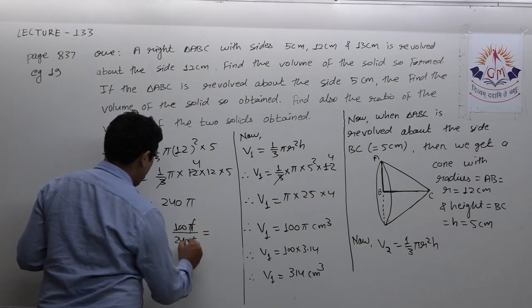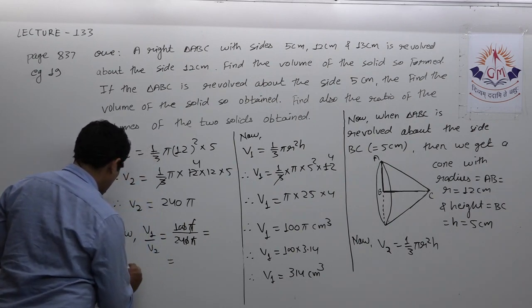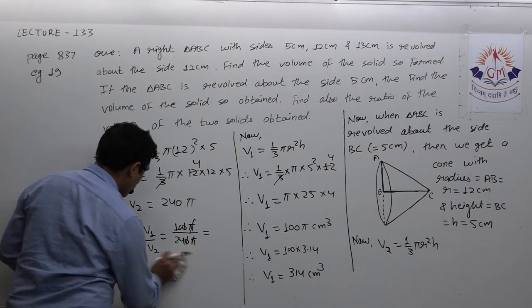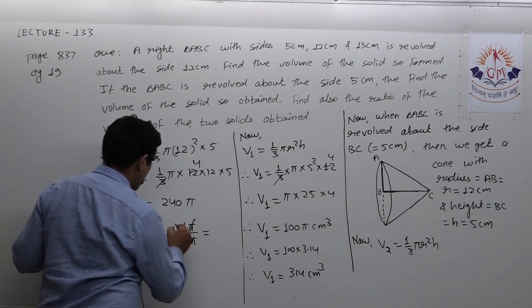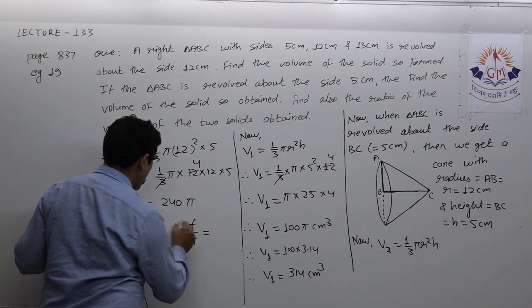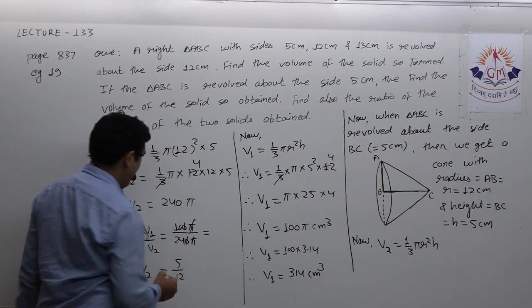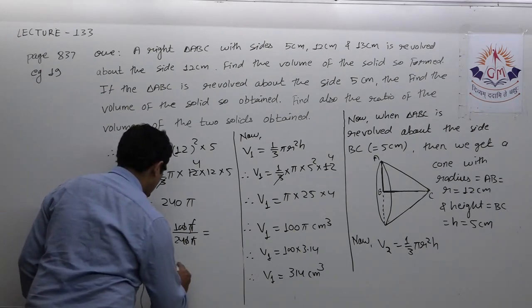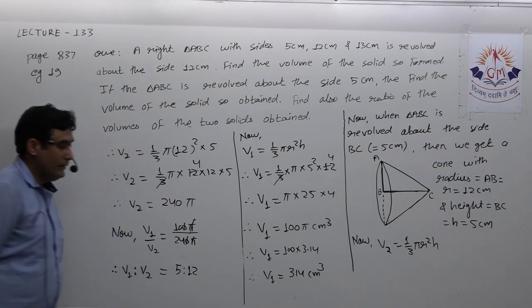So pi and pi I can cancel, 0 0 I can cancel. So here I can say V1 is to V2 is equal to 5 upon 12. 5 is to 12. Okay, so this is the final answer. Please note this down, and then we'll see the next question.